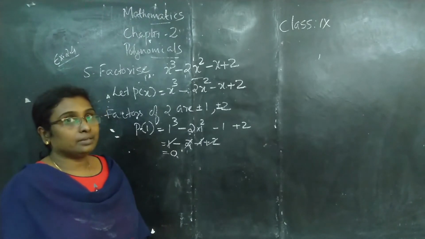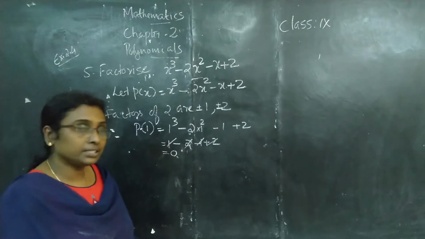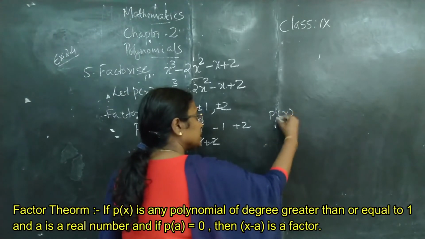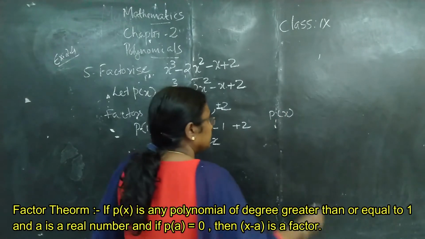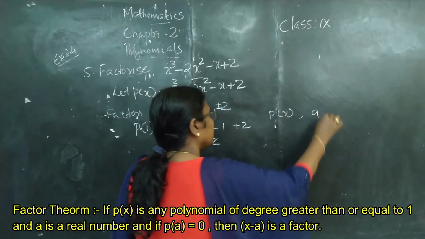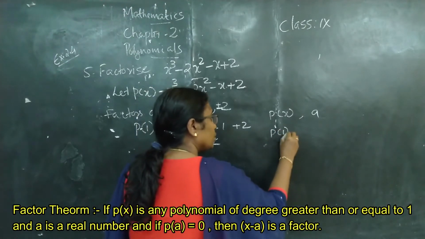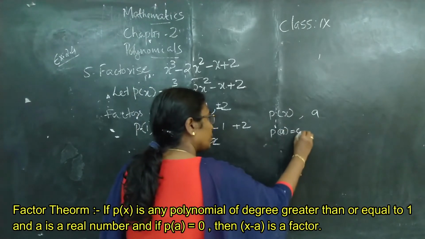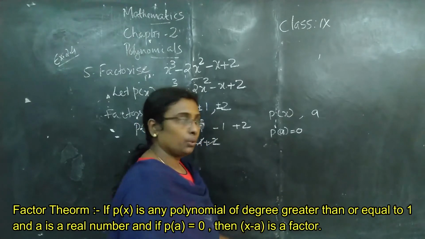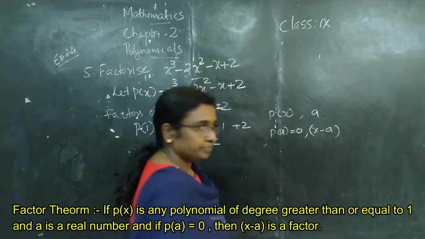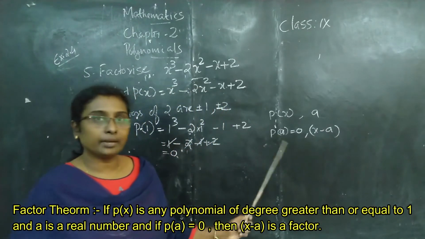According to the factor theorem, what is defined as the factor theorem? If p of x is any polynomial of degree greater than or equal to 1 and a is a real number, then if p of a equals 0, then x minus a is a factor. Isn't it? This is the factor theorem.